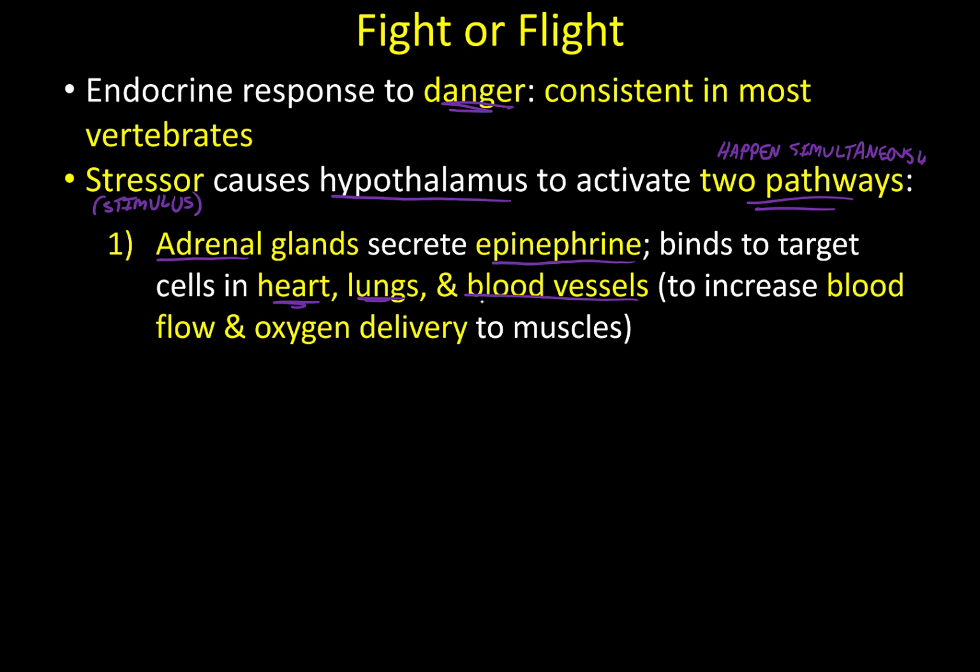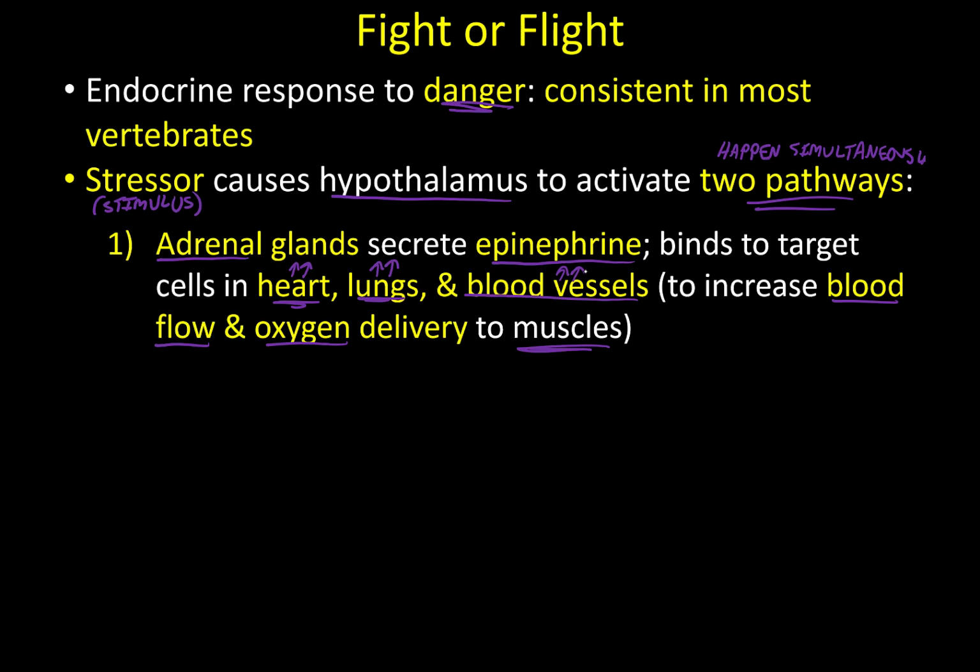The goal is to increase the flow of blood and oxygen to the muscles. So heart rate is going to increase, respiration rate is going to increase, and blood vessel activity is going to increase in order to ensure that the muscles are well oxygenated and have a solid supply of materials needed to allow them to move quickly and efficiently.